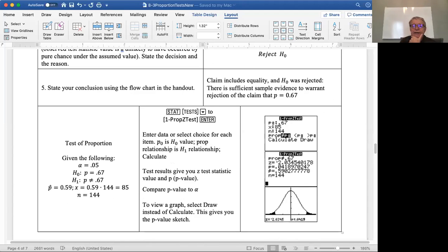Let's go ahead and take the information we have. One thing that it requires is a value of X. We weren't given a value of X in this problem. So we had to take the p hat that we were given, multiply that times n, and round it to the nearest whole number to get a value for X.